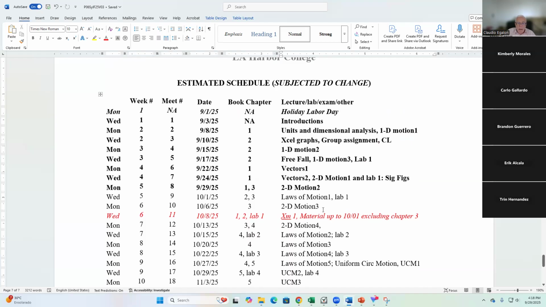Laws of motion 1, laws of motion 2. I initially scheduled this chapter to go much slower than what we're doing. And laws of motion 3. Maybe you're going to need a little 3 meetings, maybe 4 meetings, for laws of motion.